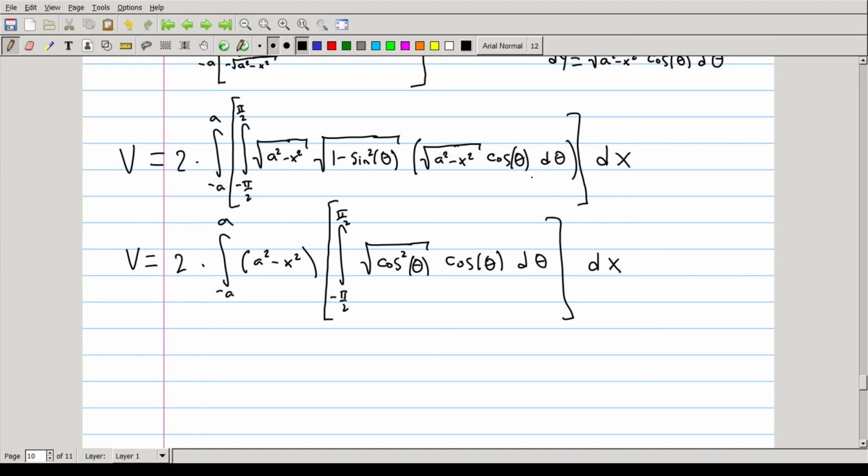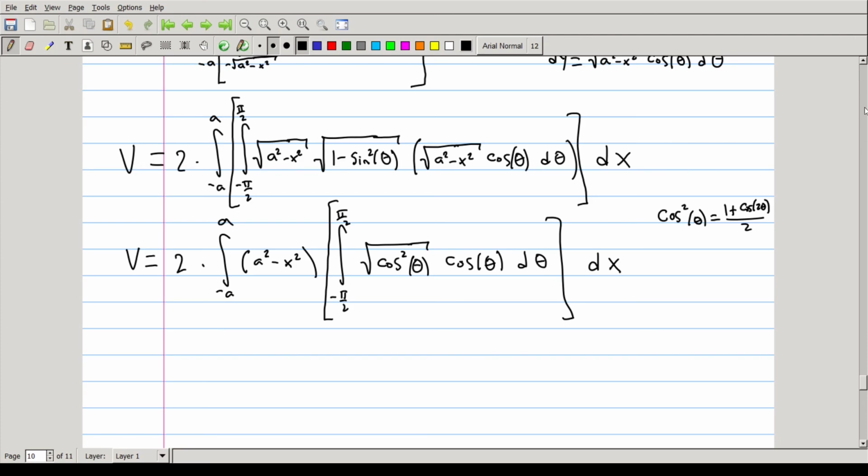But this simplifies to cosine squared of theta under this integrand, and using the half angle formula again, only this is going to be the half angle formula for cosine squared: cosine squared of theta is equal to 1 plus cosine 2 theta over 2. You'll be able to go through and solve this inner integral, then solve the outer integral.